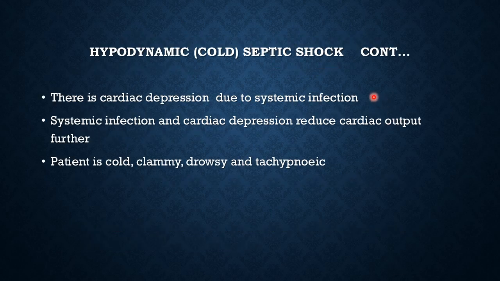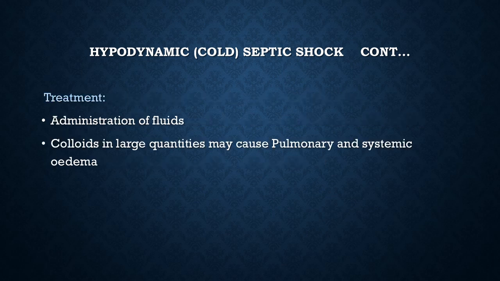This then leads to cardiac depression, and the systemic infection and the cardiac depression combine to reduce the cardiac output further. The patient is cold, clammy, drowsy, and tachypneic, and by this time, generally, the patient is in irreversible shock.